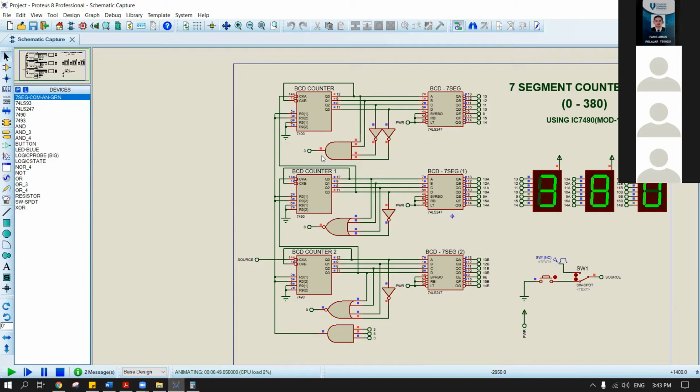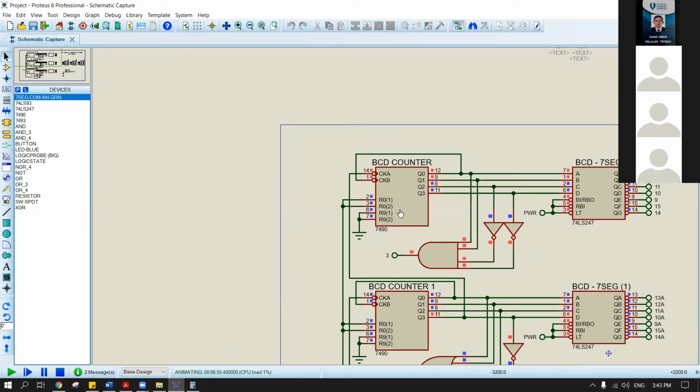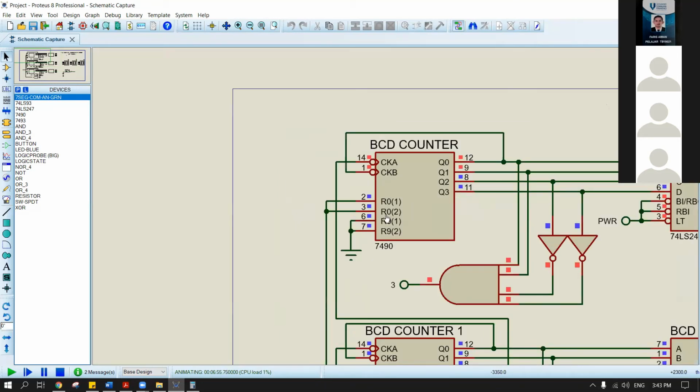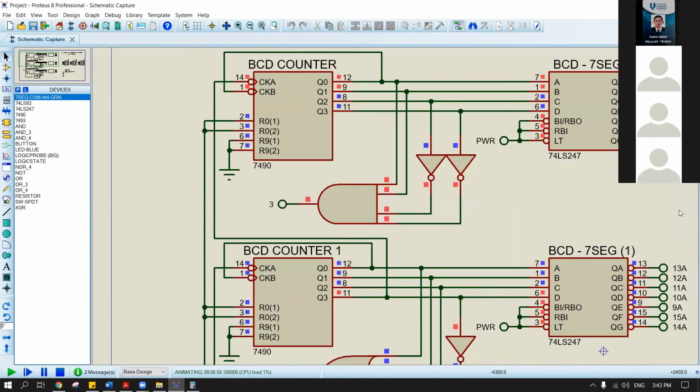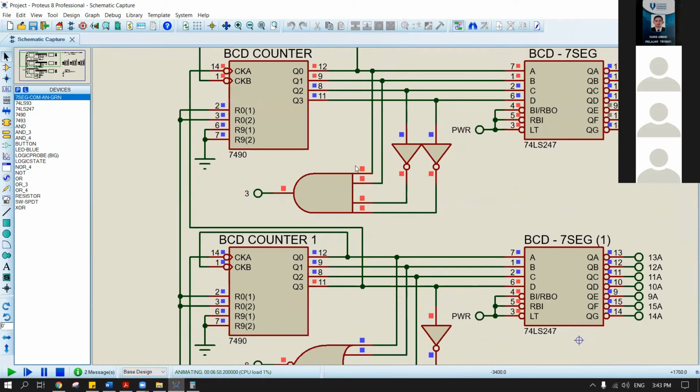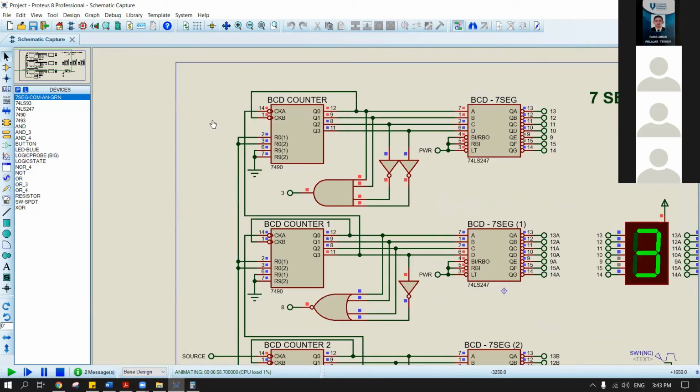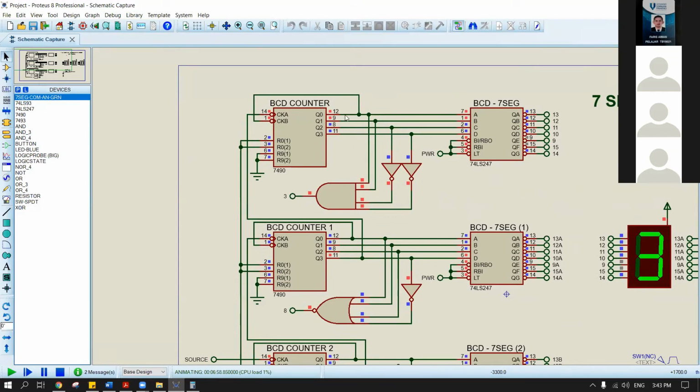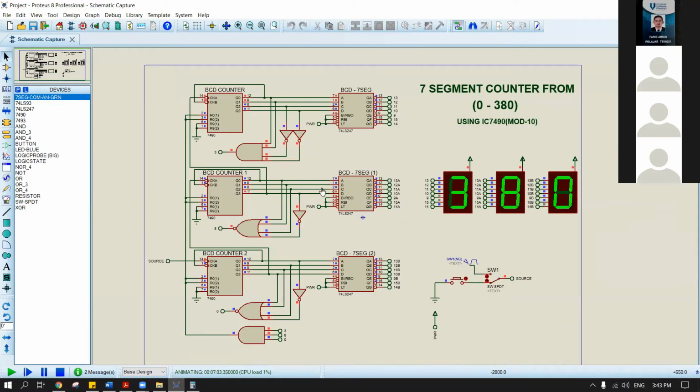If we don't put the AND gate, how can we combine all the output from each IC to reset the counter? So the RO1 and RO2 is a reset for each counter. This one for the counter number 3, this one is counter for number 8, and the last one is counter for number 0.